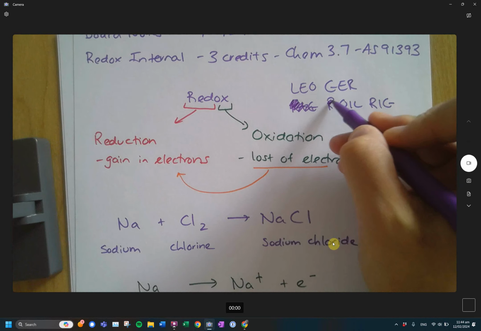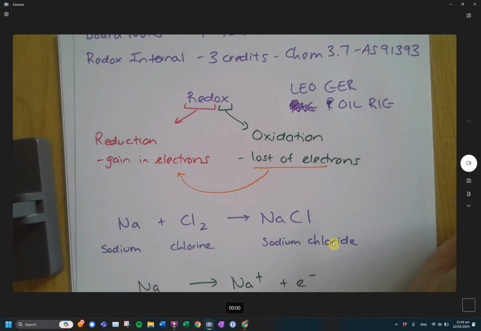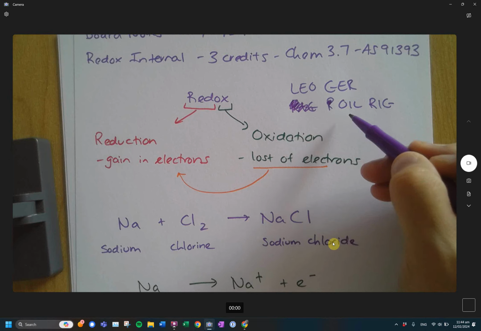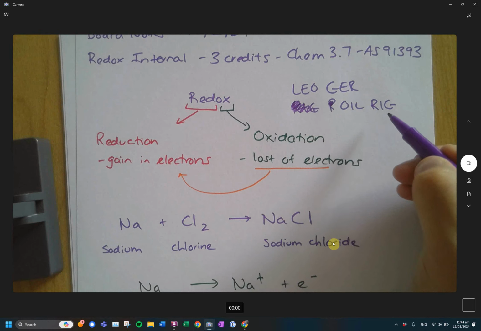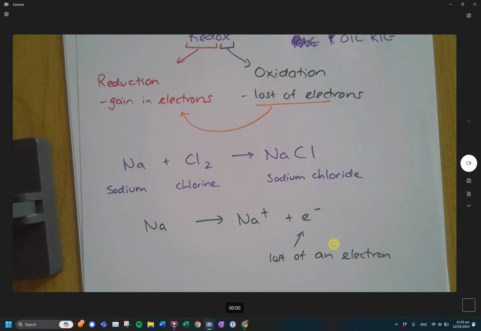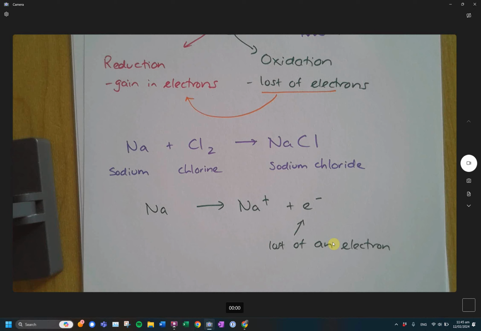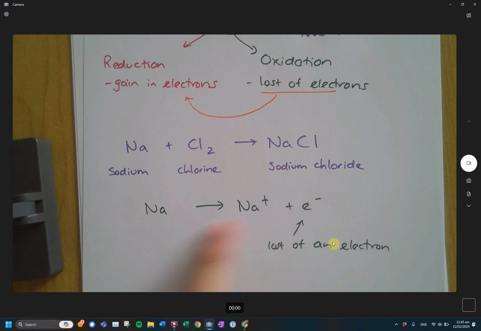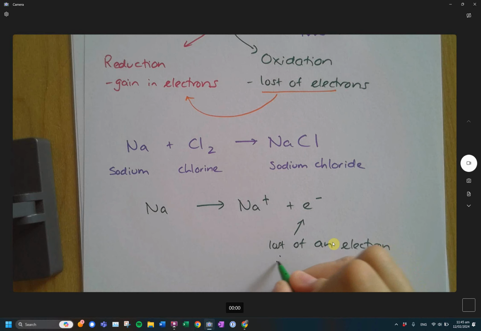Or in this case, oxidation is loss, reduction is gain. So really important that we get these the right way around so that way we're using our vocabulary correctly. So in this case, I see that I've lost an electron. So this is an oxidation reaction.